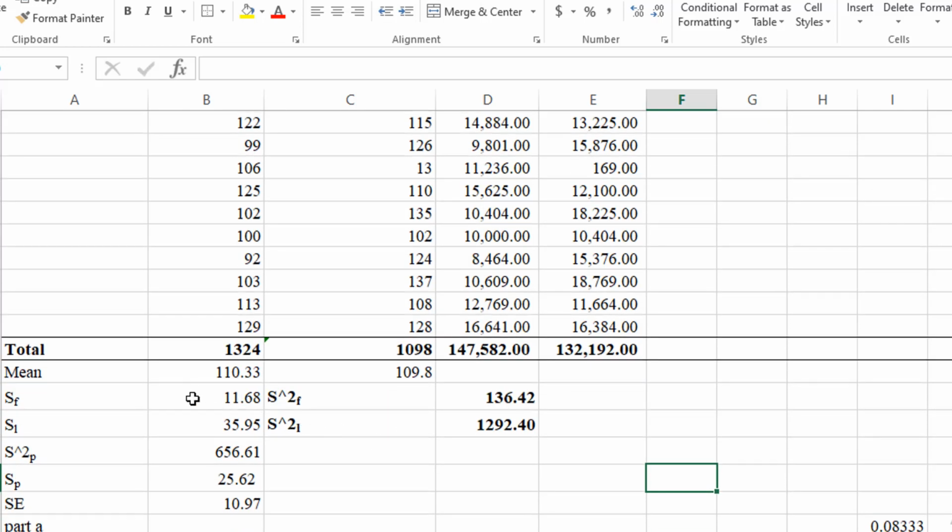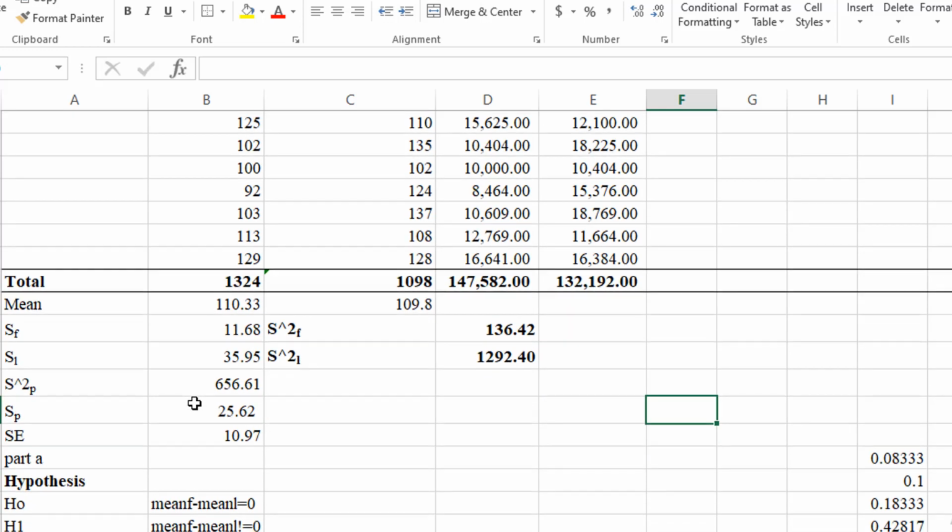So here we get the means of the two series or distributions, 110.33 and 109.8.